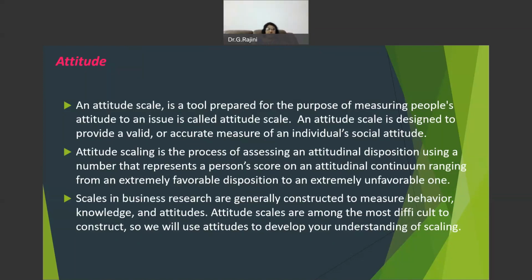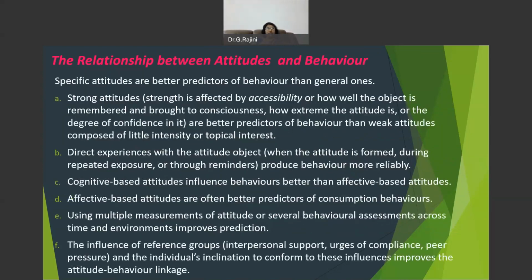Scales in business research are generally constructed to measure behavior, knowledge, and attitude. Attitude scales are among the most difficult to construct actually. So we use attitudes to develop the understanding of scaling. Now we need to understand the relationship between attitudes and behavior. Specific attitudes are better predictors of behavior than general ones.